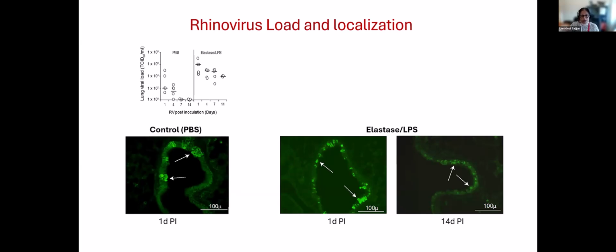Both control and elastase LPS treated mice show virus in the airway epithelium, but more epithelial cells were infected with virus in elastase LPS treated mice, indicating that they're more susceptible to infection with rhinovirus. Even after 14 days post-infection, we could see some virus in some of the airway epithelium, indicating that this virus replicates within the airway epithelium of the lungs and persists.